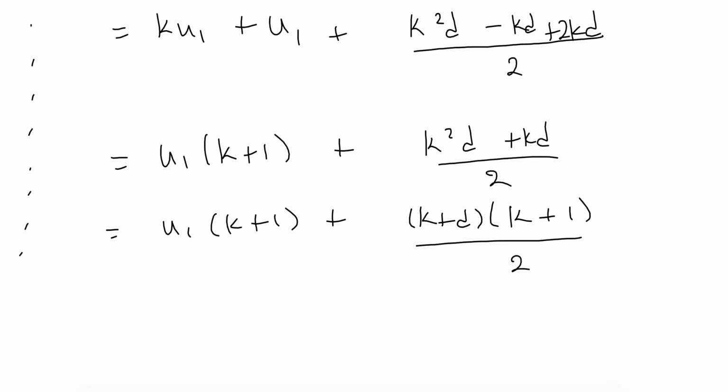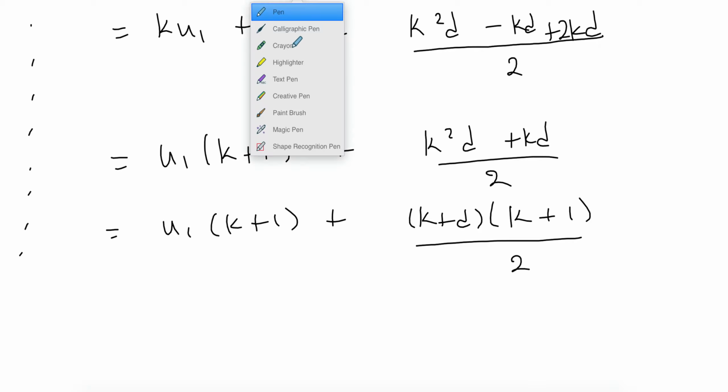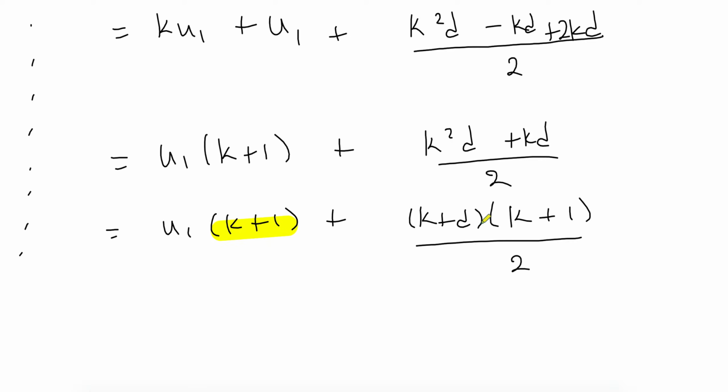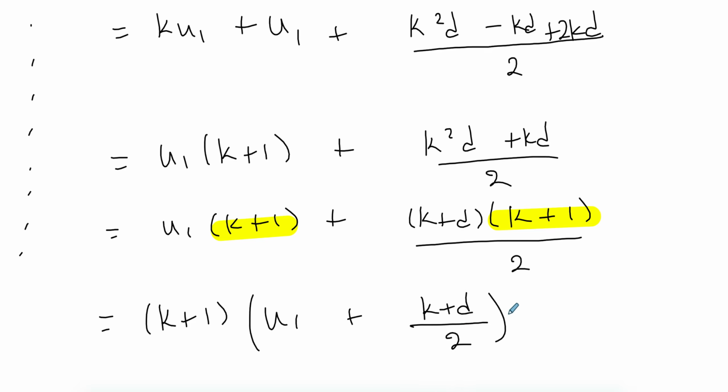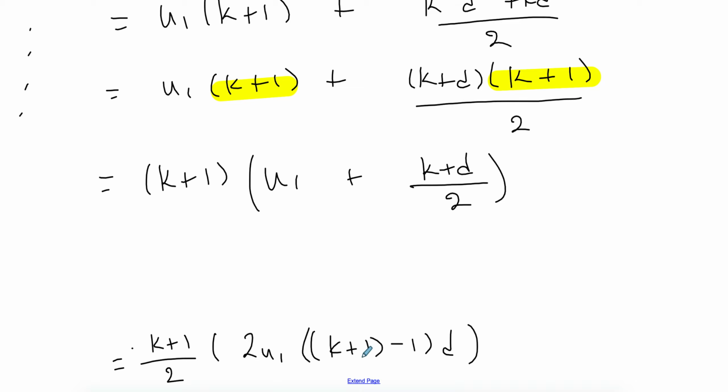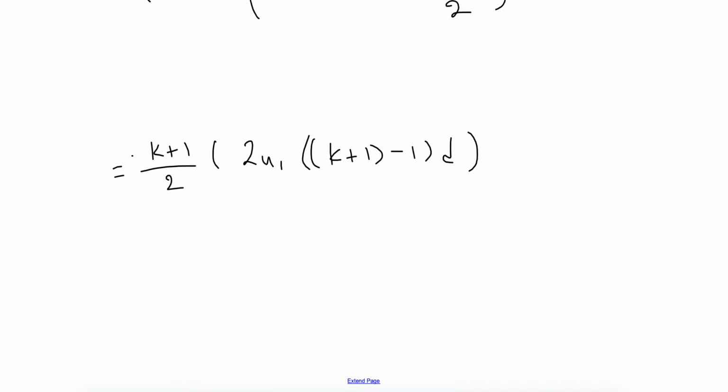And notice how I now have the two factors out, so I can take them out. And then whatever's left goes into the bracket, so u1 from this term, and I have k plus d on this side. Again, I'll need a bit more space.